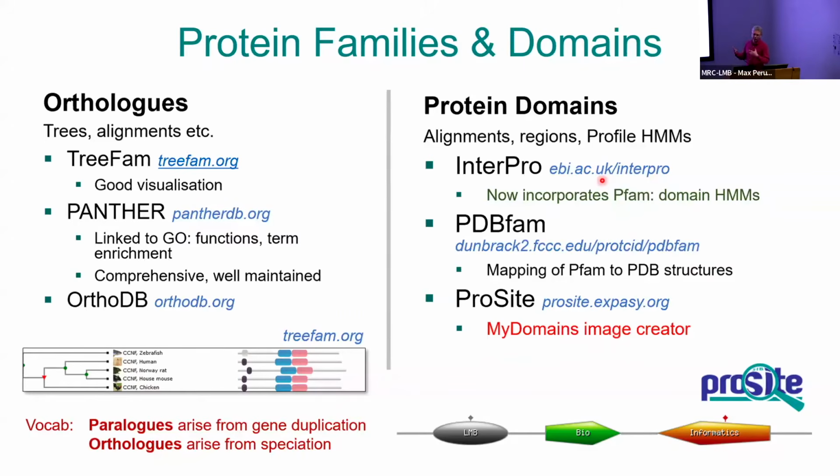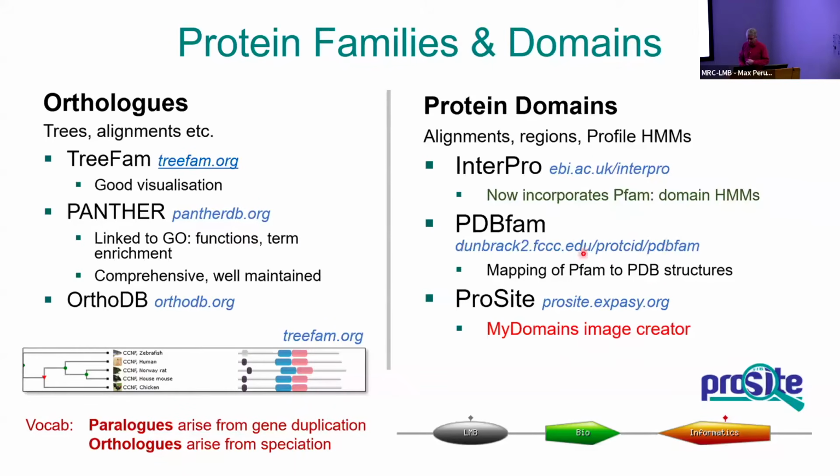So there's now only one big EBI, European-based database for domains. The protein domains are basically stored as multiple alignments expressed statistically, which we call an HMM, which is how the probability of one residue depends on what went before it. But this gives a way of classifying sequences we've never seen before, pretty automatically.